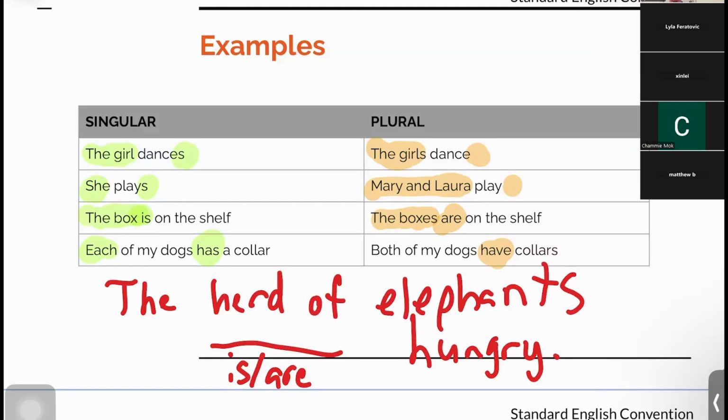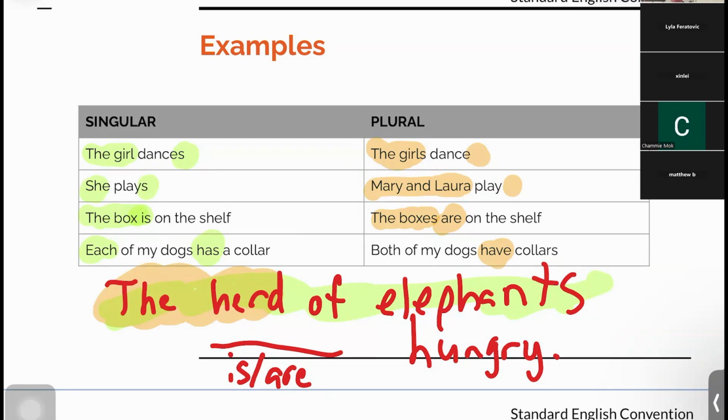If we're talking about the whole subject of the sentence, the herd of elephants blank hungry, the whole subject would be the herd of elephants. The complex subject would be the herd of elephants, but the simple subject, the standalone noun, is the herd. Normally, if you see a the in front of a noun, that's a giveaway that it is your simple subject.